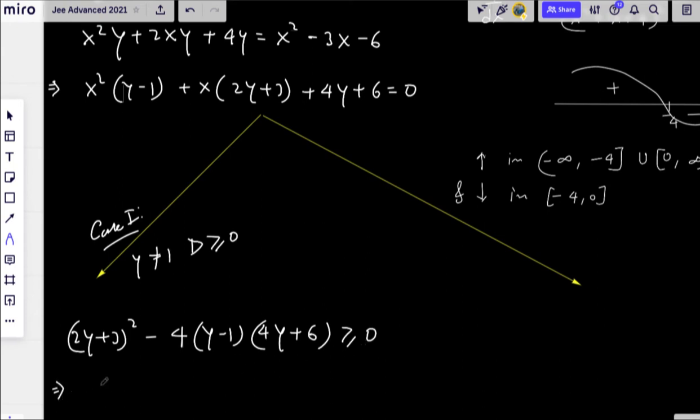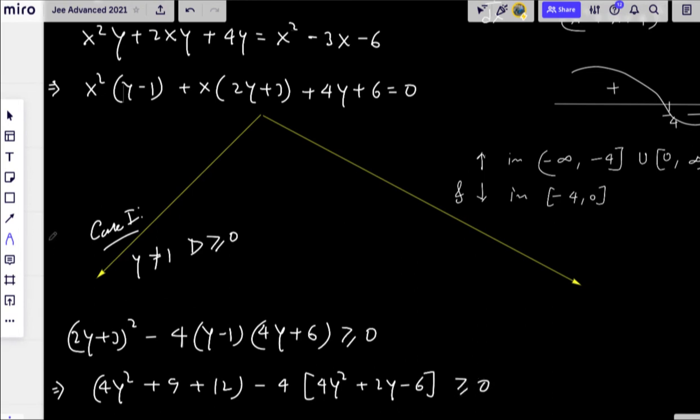Solving this, we get 4y square plus 9 plus 12y, you have to do the calculation by yourself, minus 4y square plus 2y minus 6, and that's greater or equal to 0.